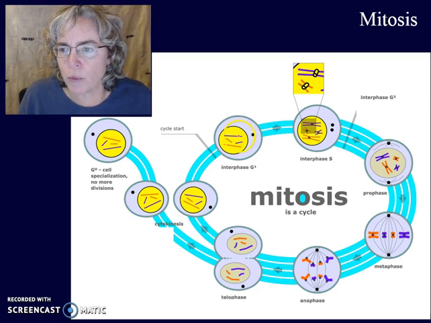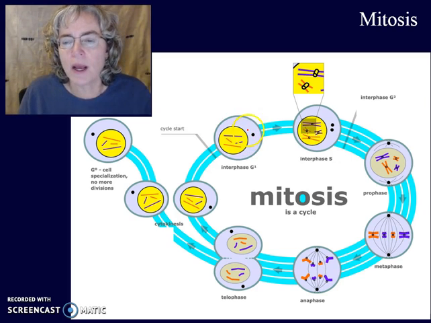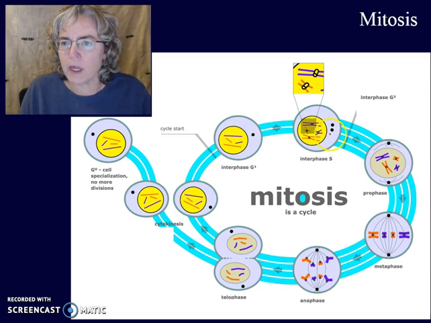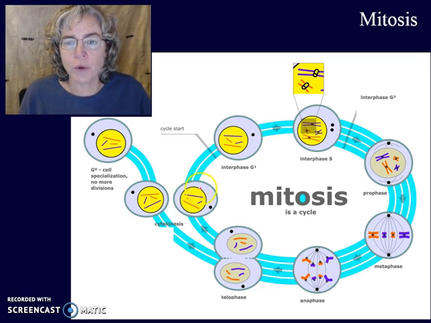Looking at these chromosomes. Okay, so in the next video, let's take a closer look at each of these processes in this drawing and how we're going to get two identical daughter cells.